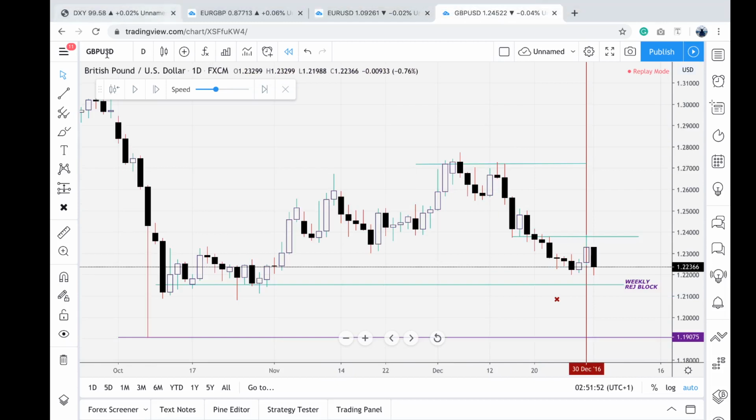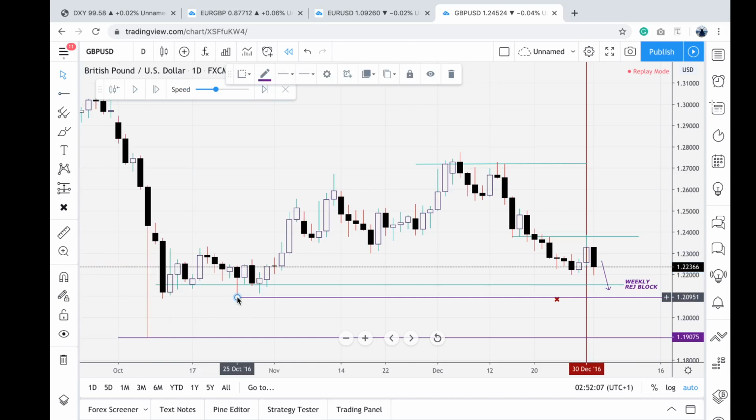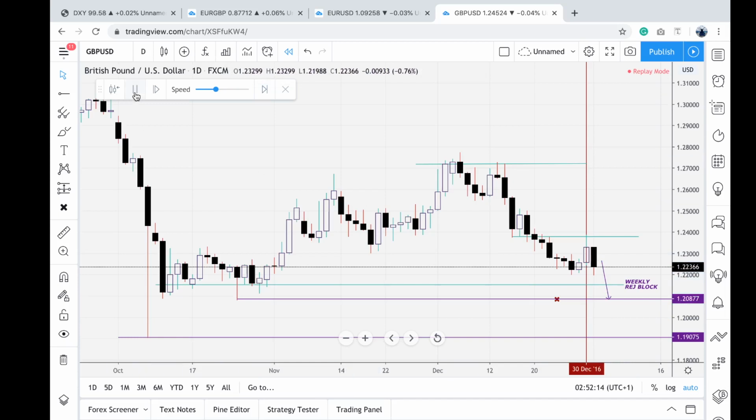Obviously, if DXY is going to go bullish, then we want to see GBP USD go bearish all the way down into that zone, potentially through that zone. And if price breaks that level, we can look at this level as the next downside target. Okay, that level could be the next downside target, British pound.